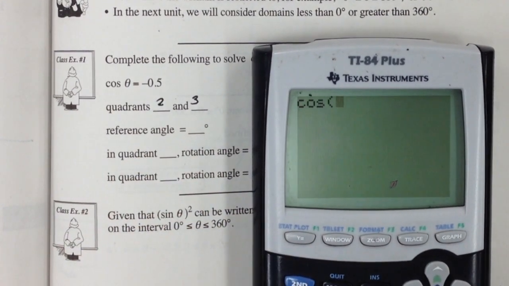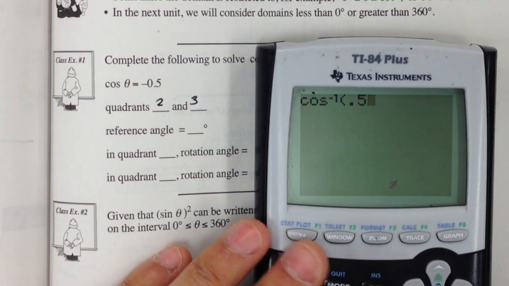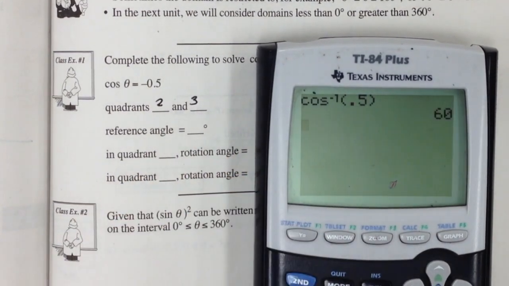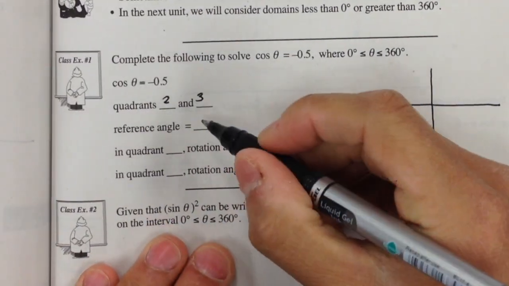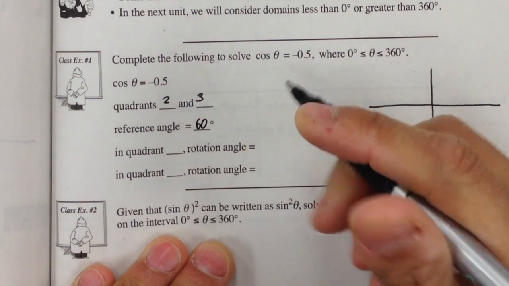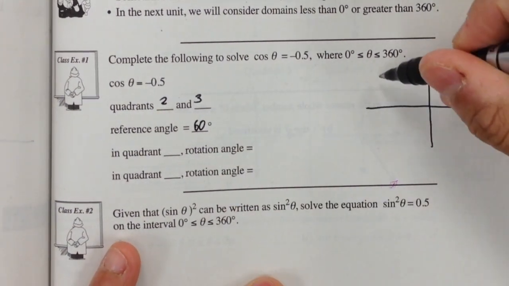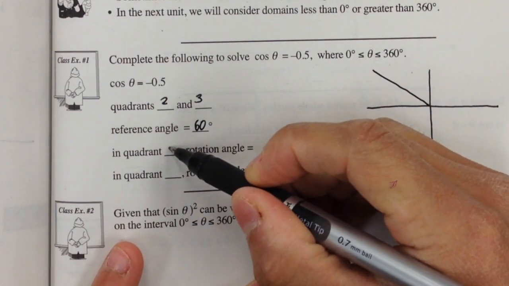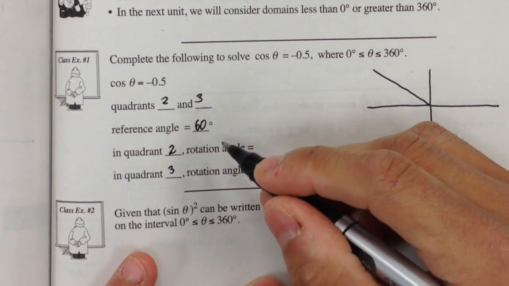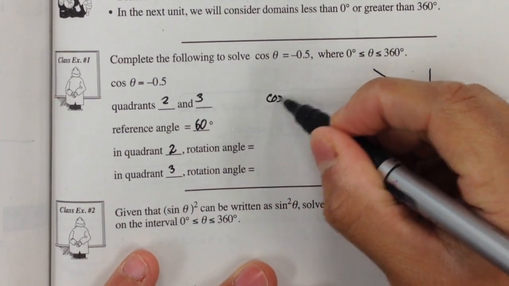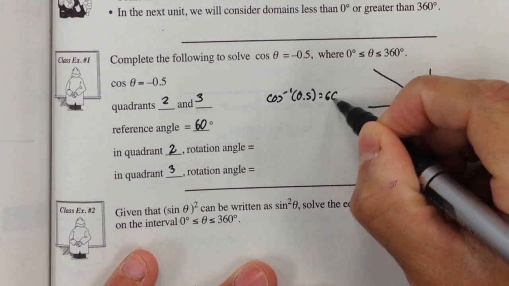The inverse cosine of 0.5 gives me a reference angle of 60 degrees, and that is in quadrants 2 and 3.